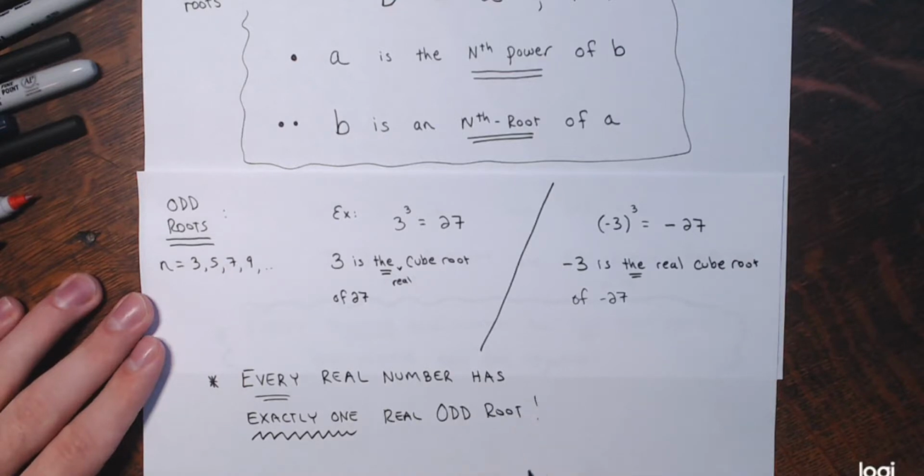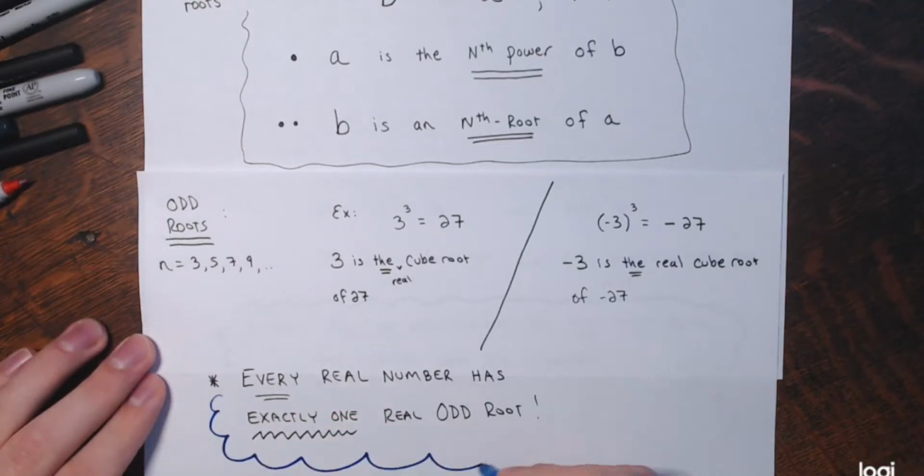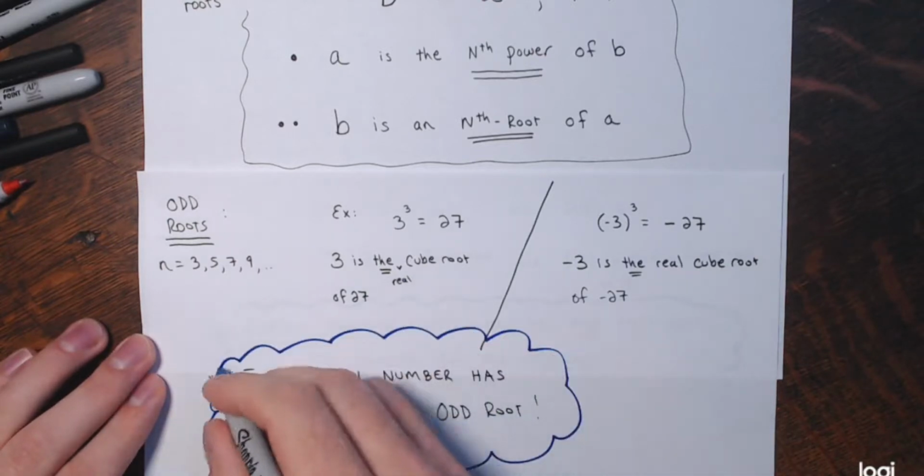All right, again, that's a huge thing. All right. So this makes taking odd roots quite simple.